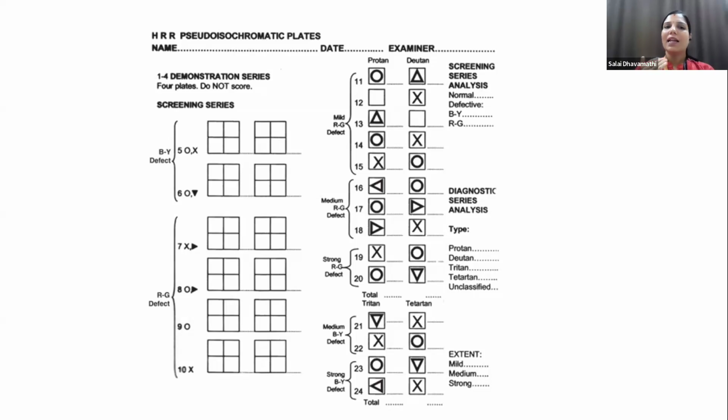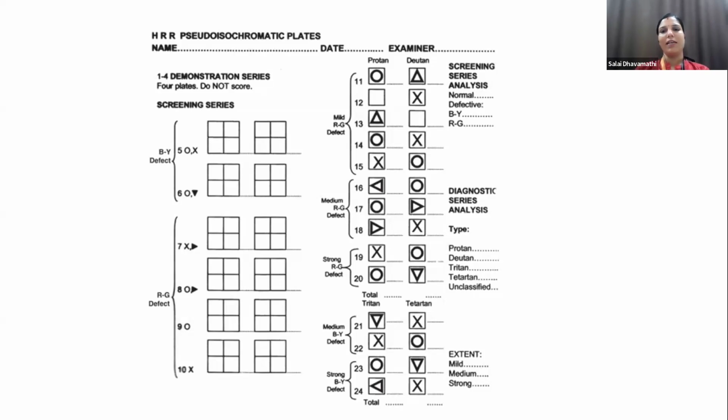Then there are 6 screening series, where plates 5 to 10 are called the screening series. Here 5 and 6 check the blue-yellow defect. If you find any problem with 5 and 6, you can directly go to plates 21 to 24, which test the degree of the blue-yellow defect, whether it is a mild, medium or strong defect.